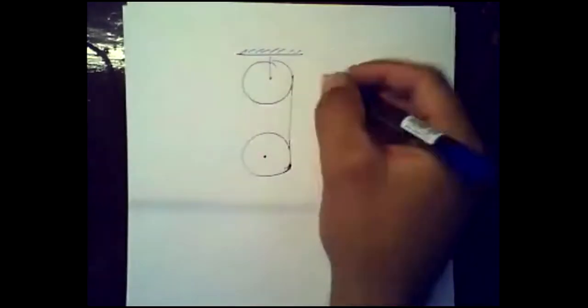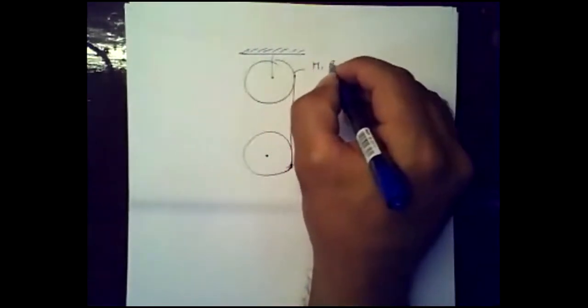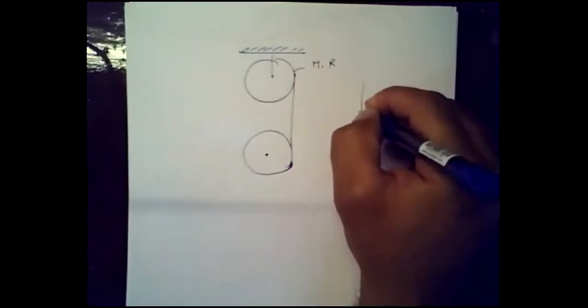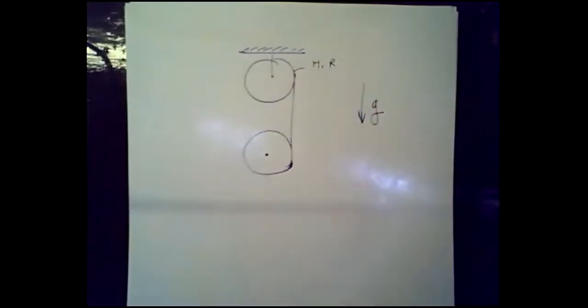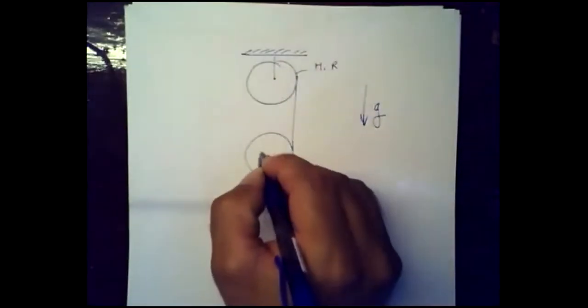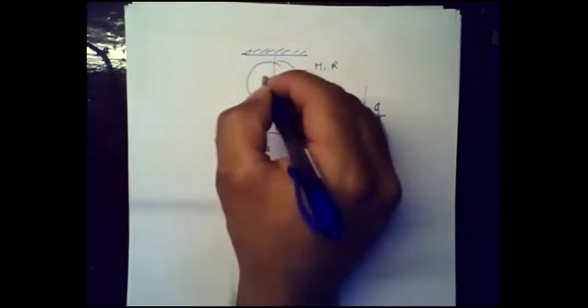All right, and we know that these two pulleys basically have the same mass and the same radius, and we know that G is acting downward, and we would like to find the acceleration of that point, and I'm going to call that G2. All right. How do you guys think we can solve this problem?